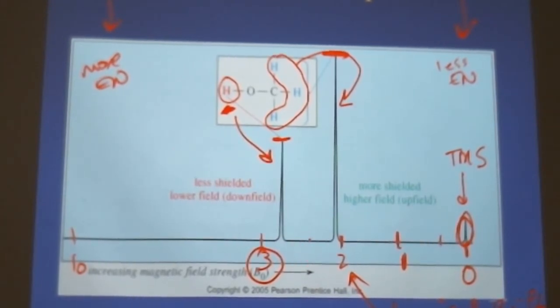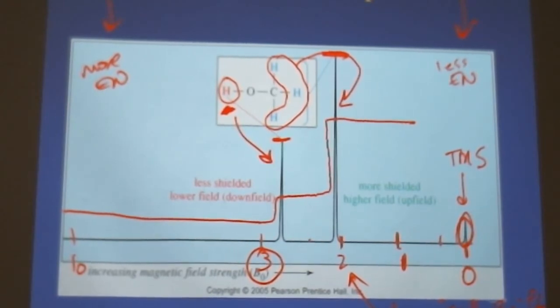So when you integrate this, you're going to have a trace that goes flat. And then let's say this goes up like this. And then this goes up 1, 2, 3. Let's say like that. So when you look at the height that this trace goes up because of this peak, and then at this height, you're going to see that this is 3 times bigger than this.